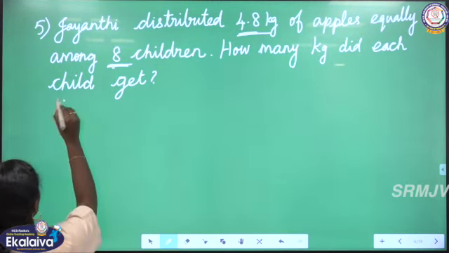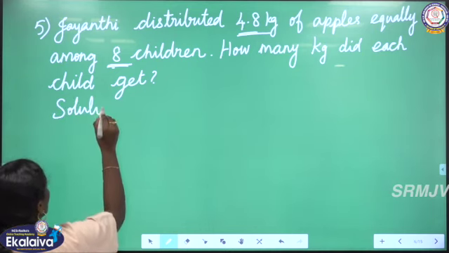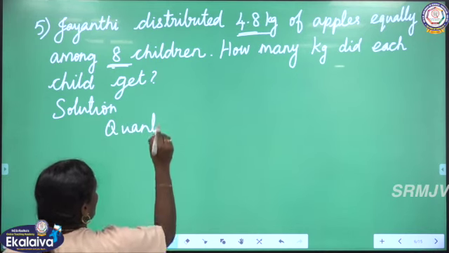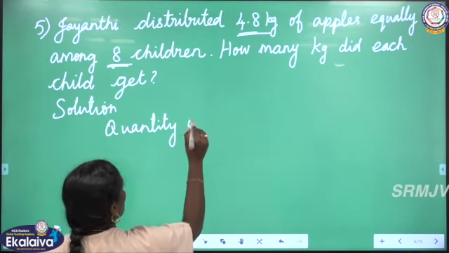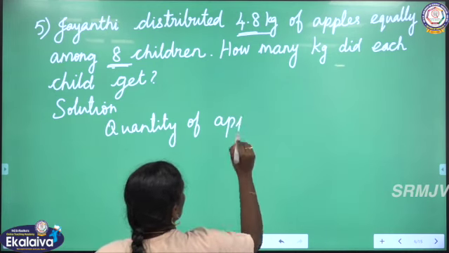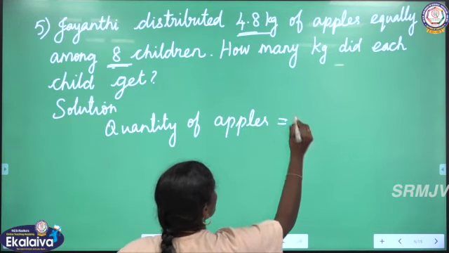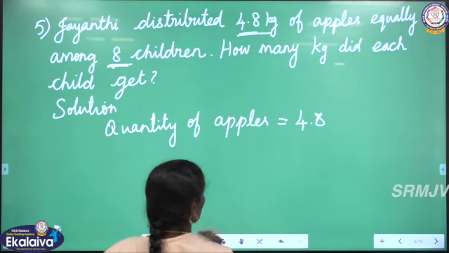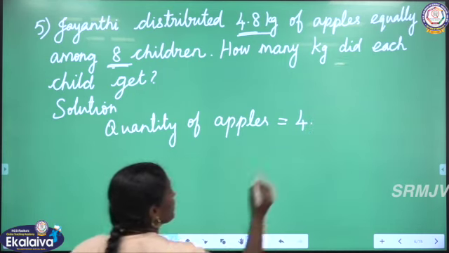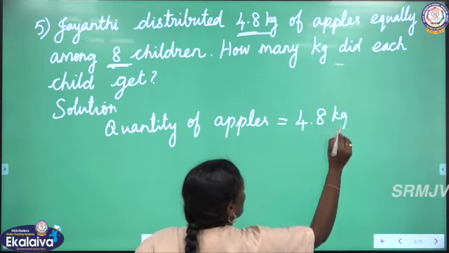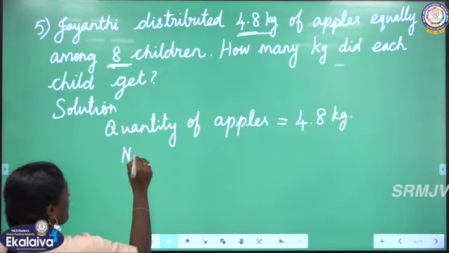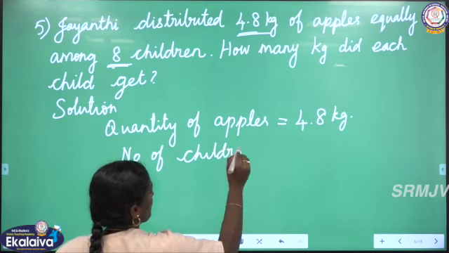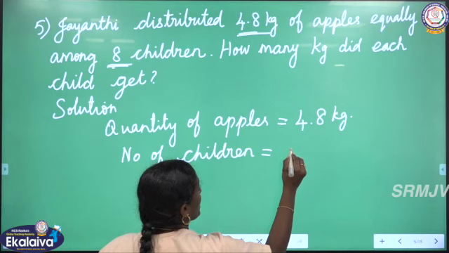Okay, solution. Quantity of apple to be distributed is 4.8 kilograms. Here number of children is 8.